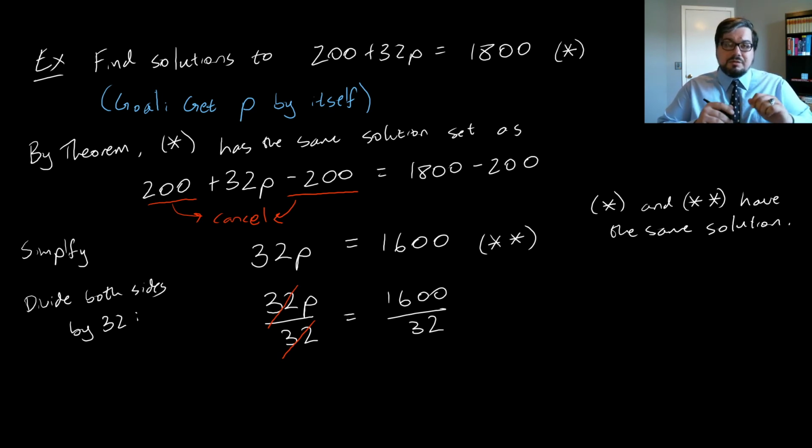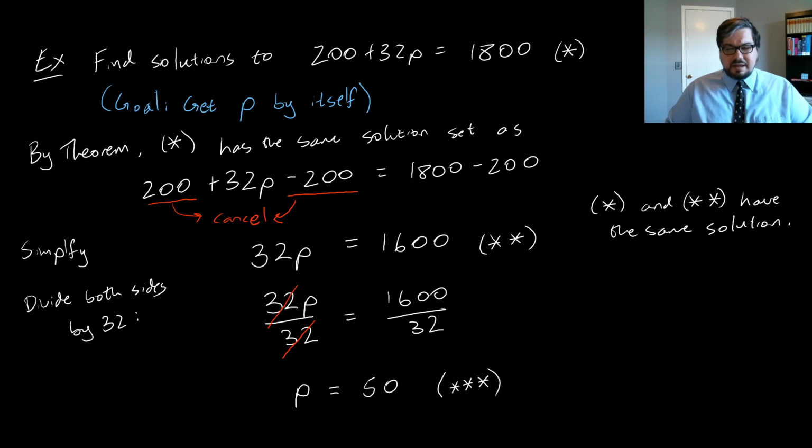And so they can both go away, and in fact, if I take p, multiply by 32, divide by 32, I'm just going to be left with p behind. So when we divided the left-hand side by 32, we got just the variable p. And on the right-hand side, you've got 1600 divided by 32. That turns out to be 50. I'm going to give this equation the name triple star.